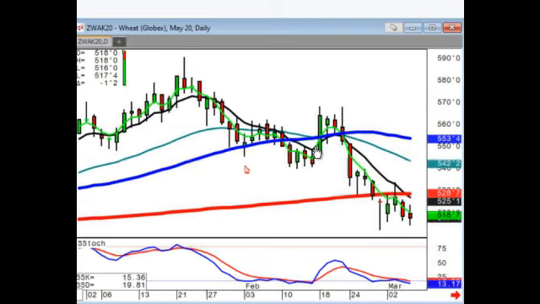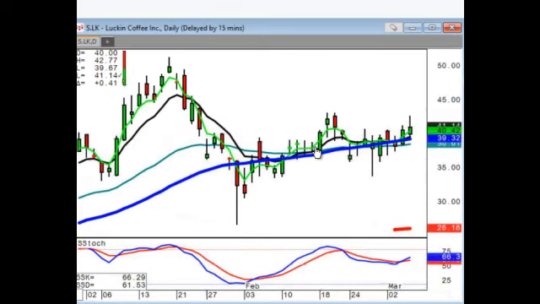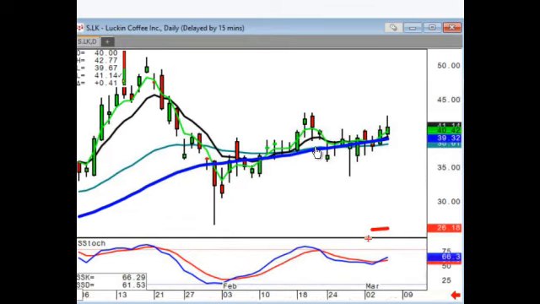Where am I? Okay, so we also have what we call convergence analysis. Convergence analysis is when you can put a bunch of analysis telling you you're probably in the right direction at the right time all together. So look what's happening here on Luckin, LK. Kind of got the slow curve. Where is it trading? There's our Morningstar signal, trading up off the 34 through the 50 through the T-line.